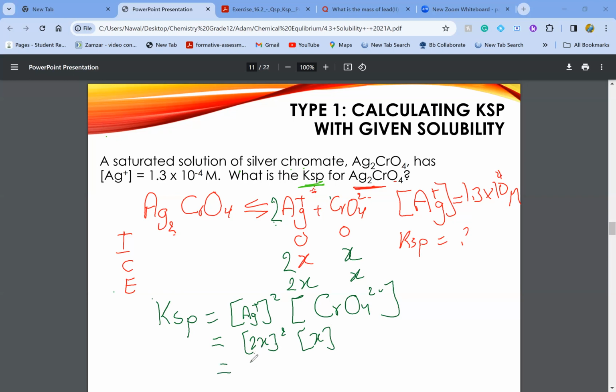How much will it be for x squared, and this times x equals 4x cube. Wow. Alhamdulillah. No, he asked me for KSP. Wait.